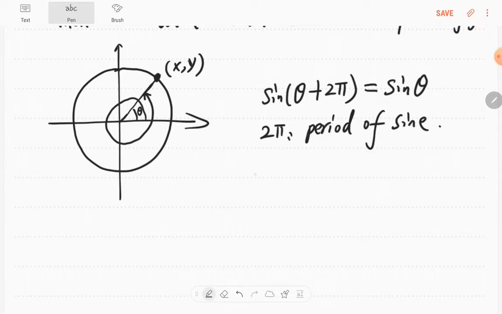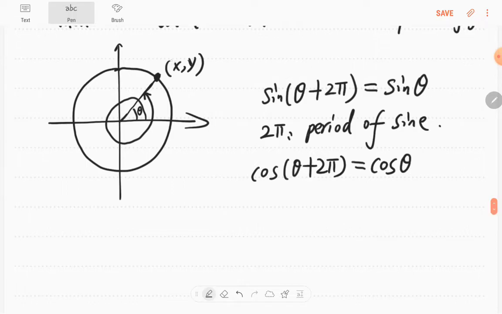Similarly, cosine theta plus 2 pi is also equal to cosine theta. The cosine value is the x coordinate, right? The same thing: you add 1 revolution, you get the same value. And this 2 pi is also the period of the cosine function.